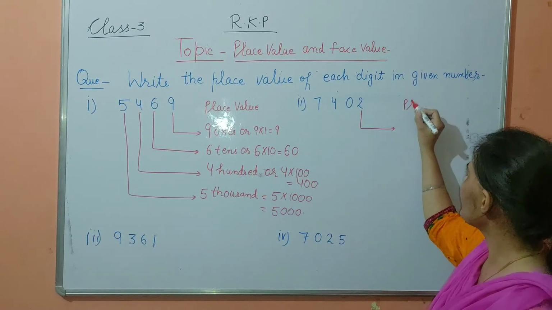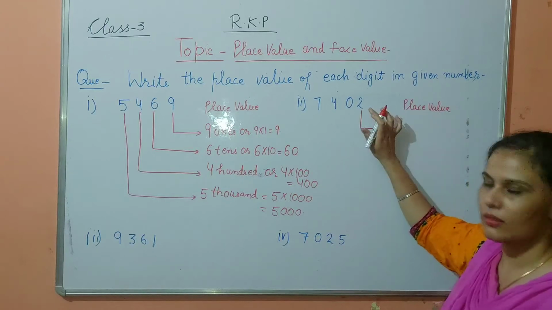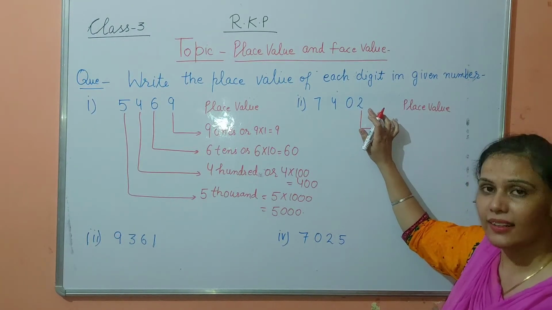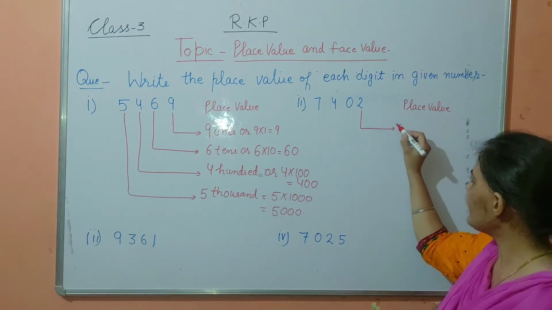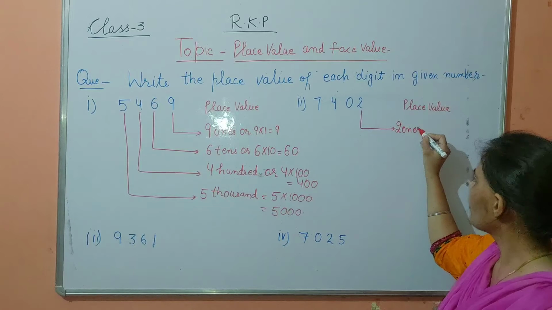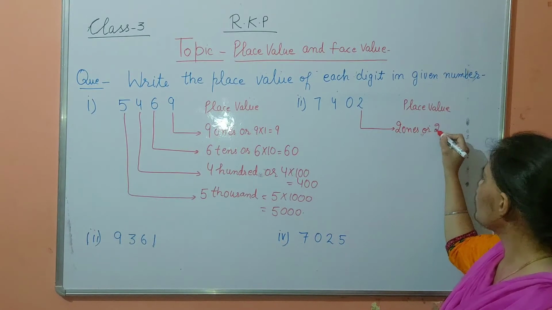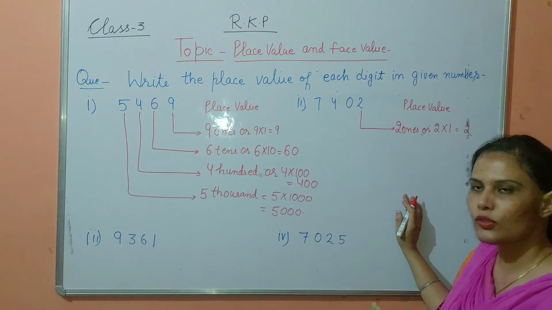Write here place value. 2 is present at what position? Yes, it is at ones place. So 2 ones. Either write 2 ones or 2 multiplied by 1, that is 2.